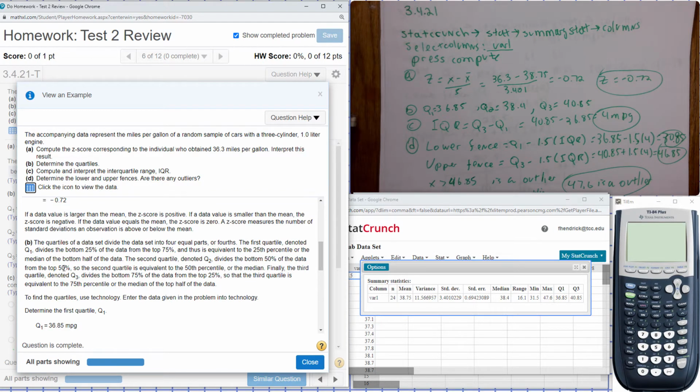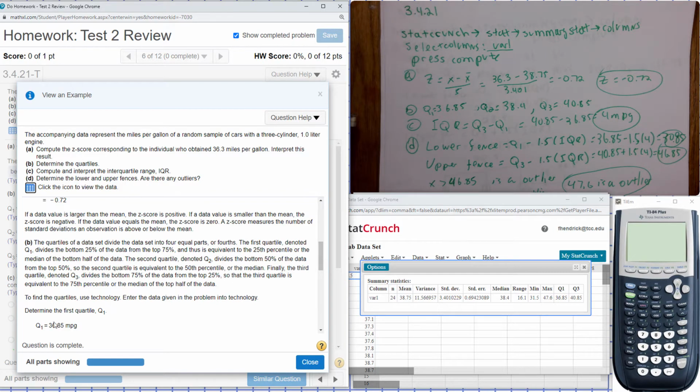So the second quartile is equivalent to the 50th percentile, or the median. Finally, the third quartile, Q3, divides the bottom 75 from the top 25. So the third quartile is equivalent to the 75th percentile, or the median of the top half of the data.